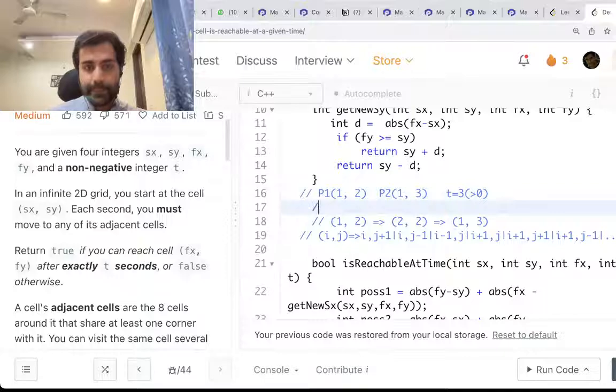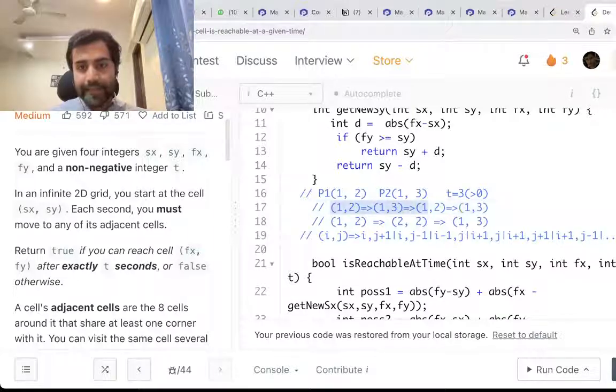So basically I can move from 1 comma 2 directly to 1 comma 3, and then I can come back because it is allowed to visit a cell again. Then I can go back to where I wanted to go. So this is a cyclic thing, it can keep on happening in a repeated mode.